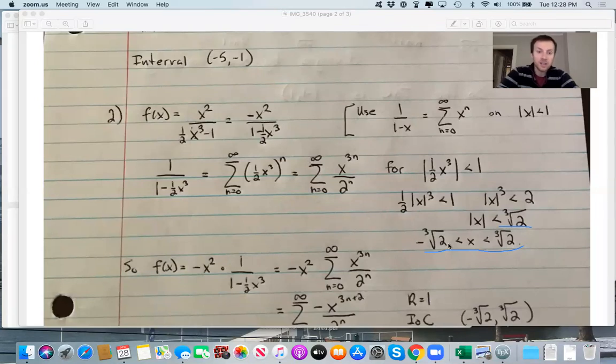And you can check explicitly, if you take either of these numbers and put them in here, they give you 1 or -1, and those are values which make a geometric series diverge. So that answers the question for 1 over 1 minus 1/2 x cubed.